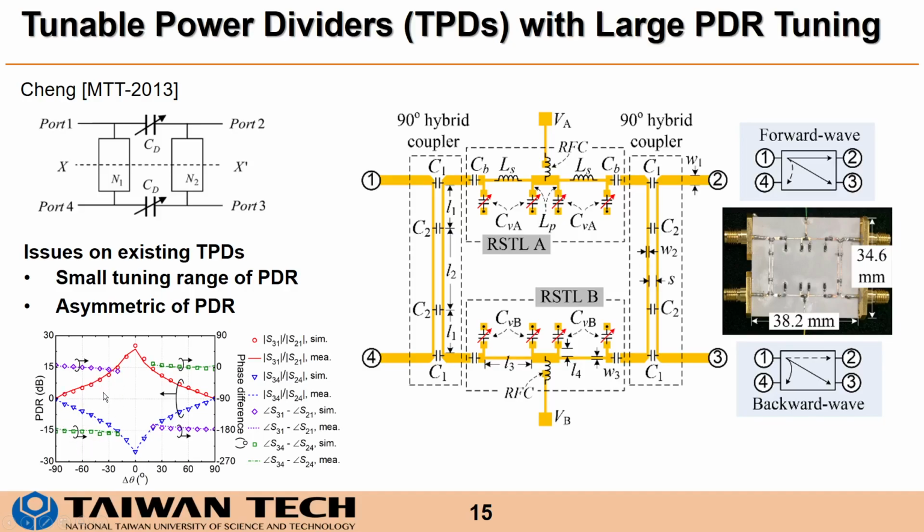And also, when we change the PDR, the structure only generates two output phase differences at the output ports, which is zero output phase shift or 180 output phase shift. This is an improvement when we compare to the literature already published about the TPD.